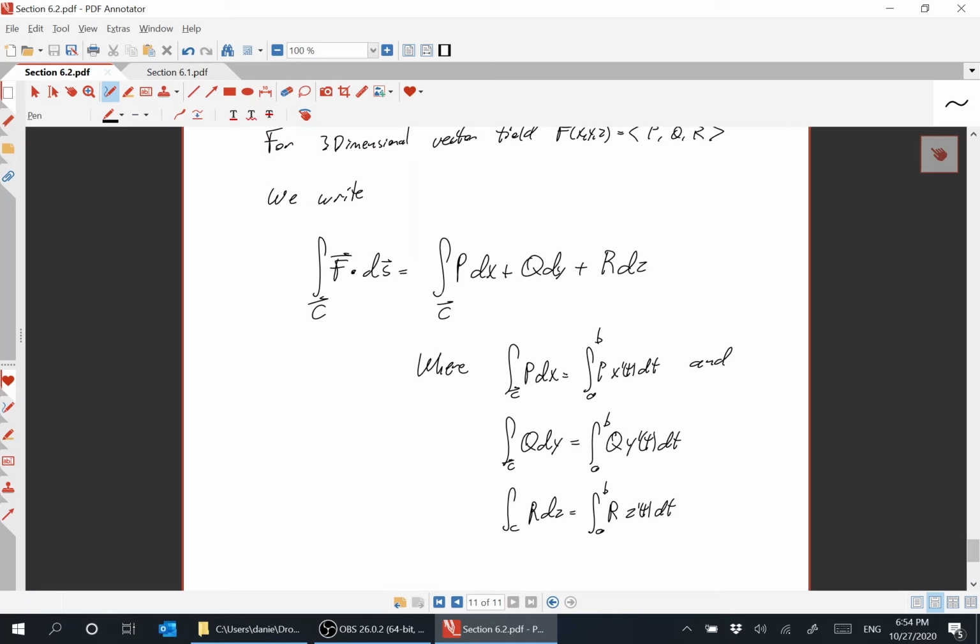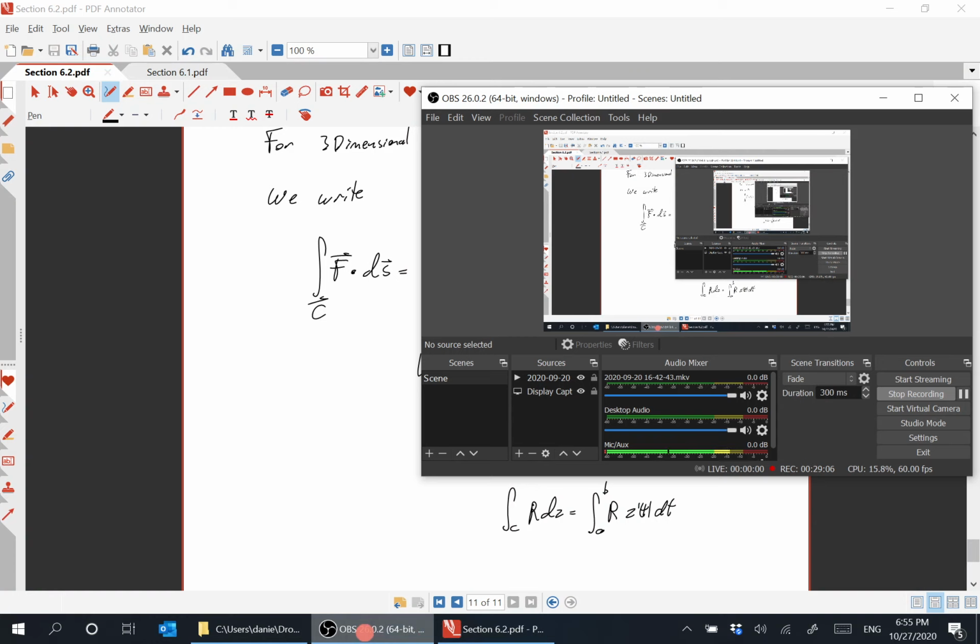So work done in the x direction plus the work done in the y direction plus the work done in the z direction will be the total amount of work done altogether. All right, so that's the end of the lecture on section 6.2.